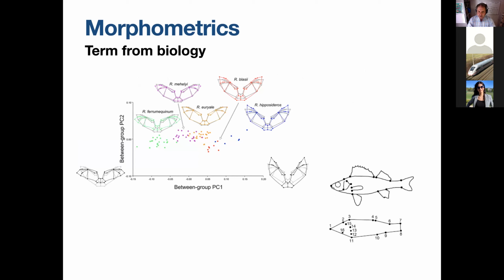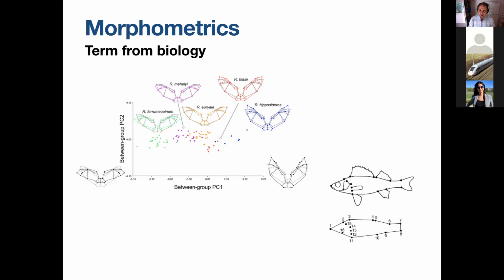It's a term from biology. Biology has been doing this for a while because they also are dealing with weirdly shaped things that they have to separate out, and they'd like to quantify these things. So what they did is simply identify points in the morphology of various beasts.